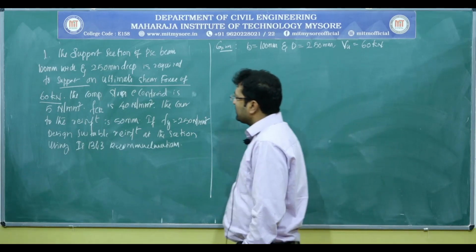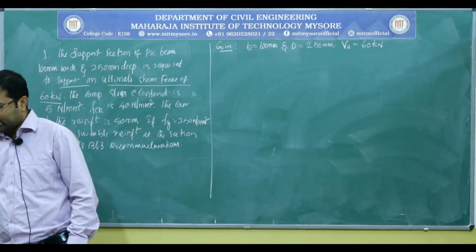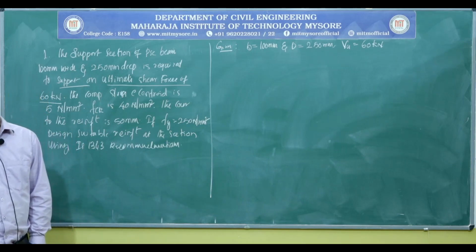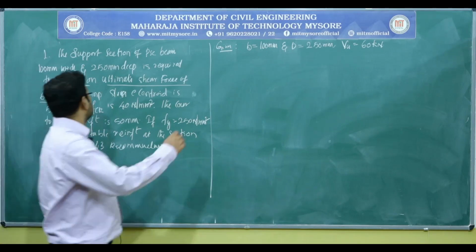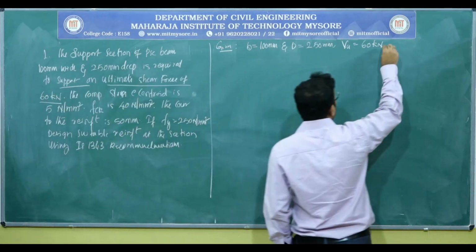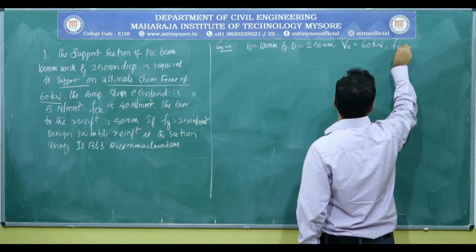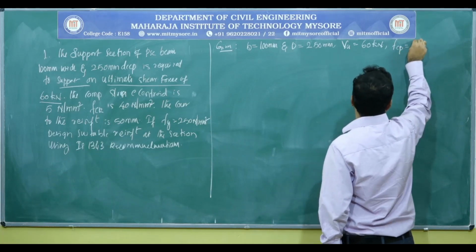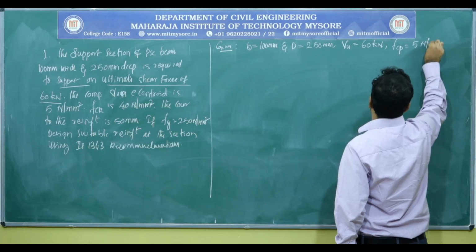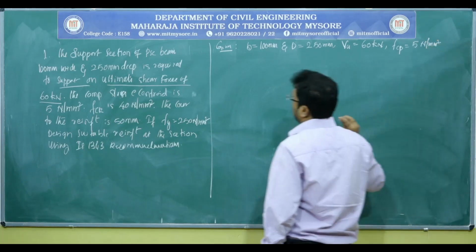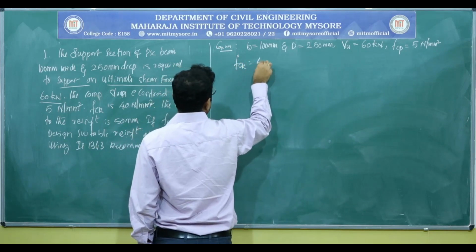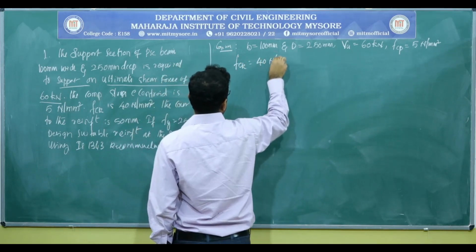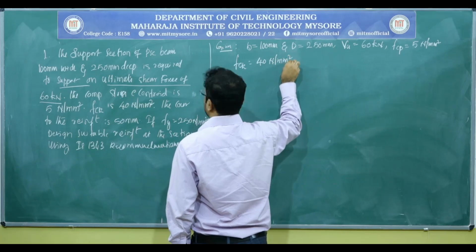The compressive stress in the concrete at the centroid, that is FCP, is 5 newtons per millimeter square, and FCK is about 40 newtons per millimeter square.